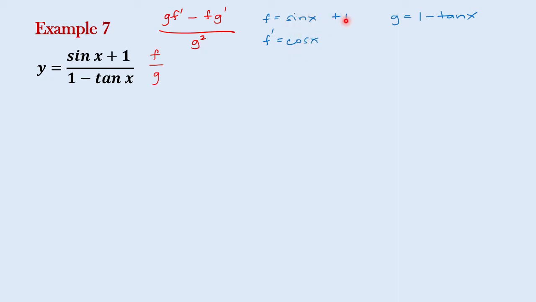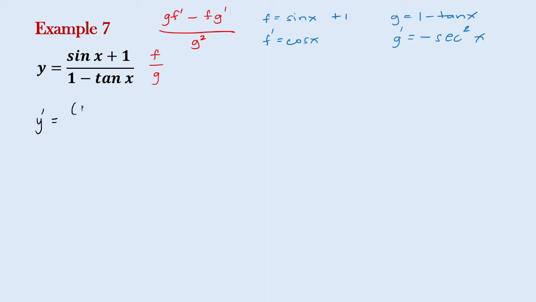The derivative of 1 is 0, so it's just cosine of x. And for the derivative of g, the derivative of 1 is 0, and we have negative tangent of x. So the derivative of this would be negative, and then tangent would be secant squared x.